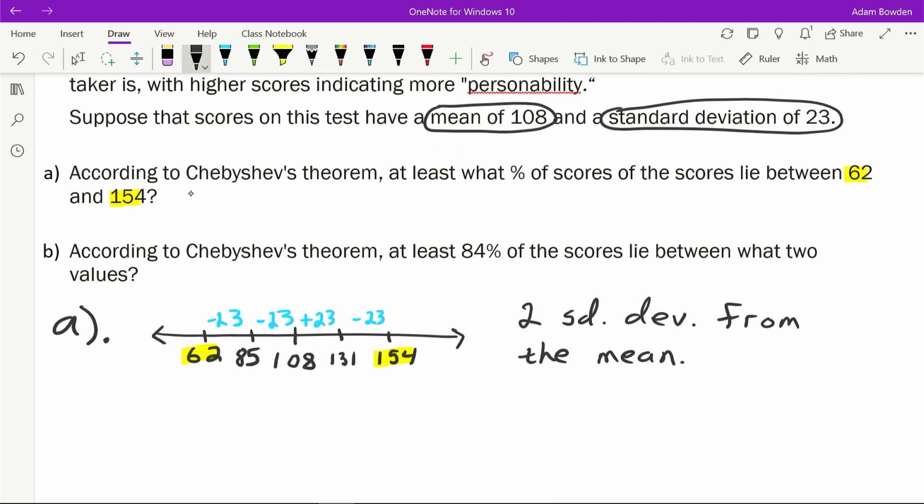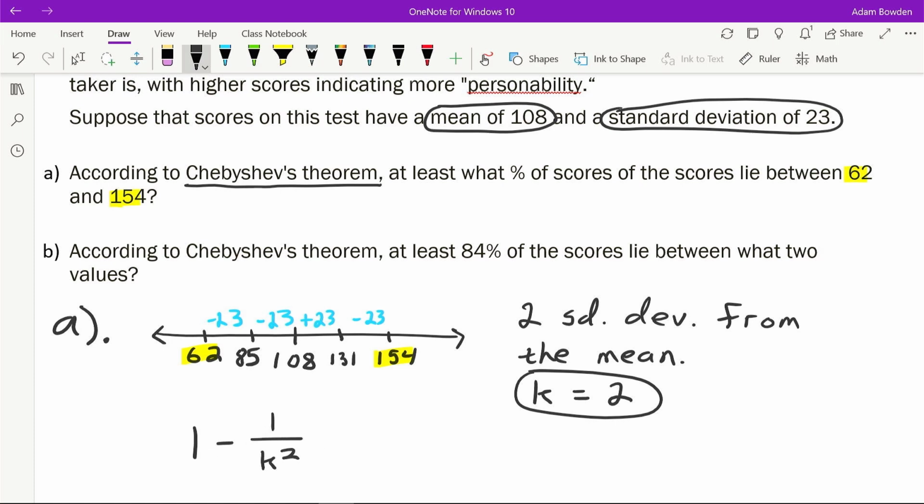And using Chebyshev's theorem, we needed to know how many standard deviations from the mean. So the number for k in the formula is equal to 2. The calculation goes 1 minus 1 over k squared. So that'd be 1 minus 1 over 2 squared, which is 1 minus 1 over 4, which is 3/4.